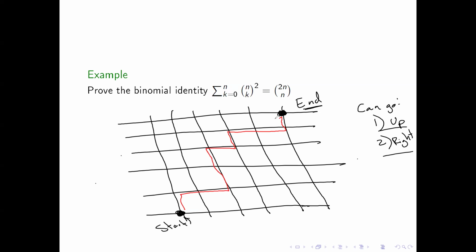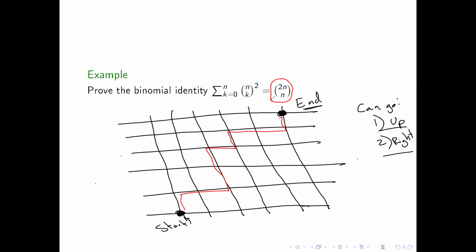So then what is this number right here on the right-hand side counting? If you have a grid that's squared, the number of ways to get to the start and end, I'm just spitballing.